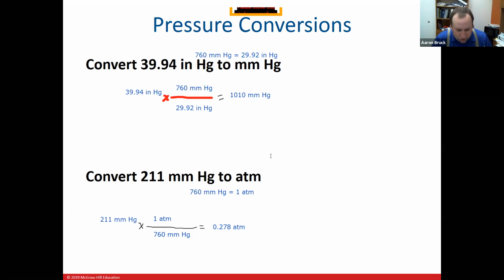So pressure conversions are really nothing different than what we've done in chapter 1. The only difference is that we now have new conversions to use, but the process is the same. Set up my conversion factor so that my units cancel, and therefore I am left with just the thing that I'm trying to find.